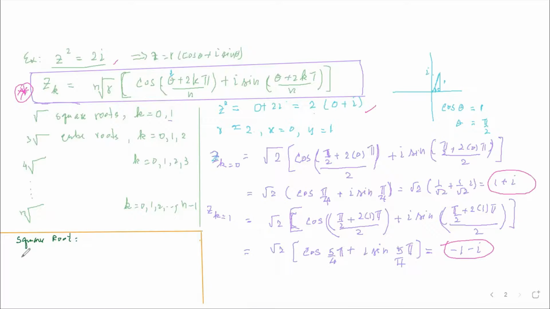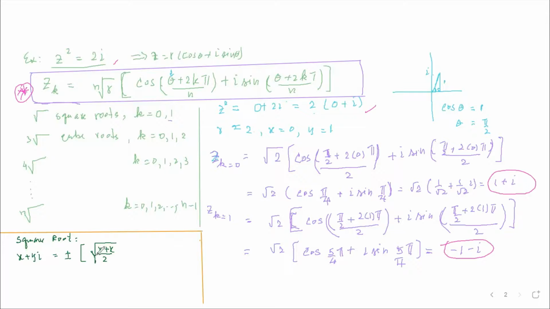So the formula is x plus yi equal to plus minus the whole thing, square root of (r plus x) over 2.